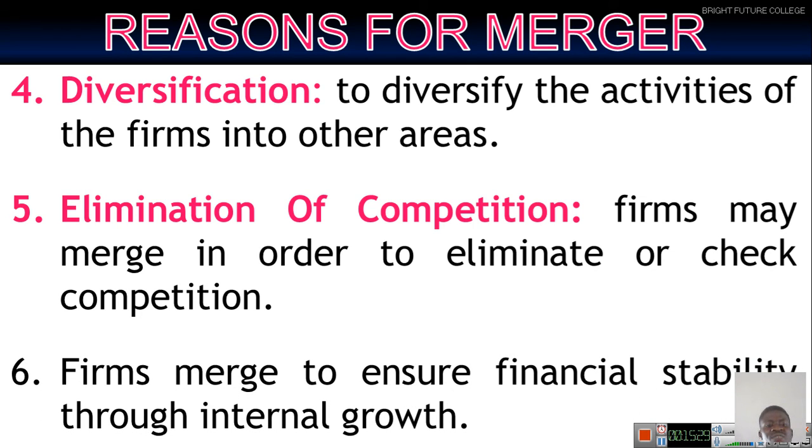Number 6, firms merge to ensure financial stability through internal growth. When companies A, B, C, D, E, F, however many, merge, they pool their resources together, and it's difficult for them to fail, because one of the causes of failure in business is inadequate financing.